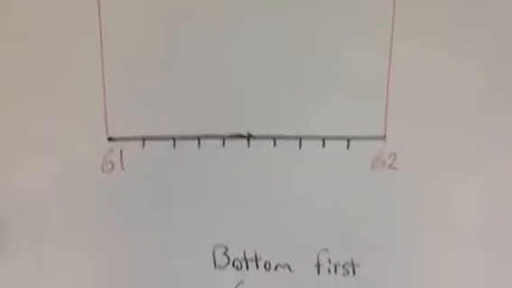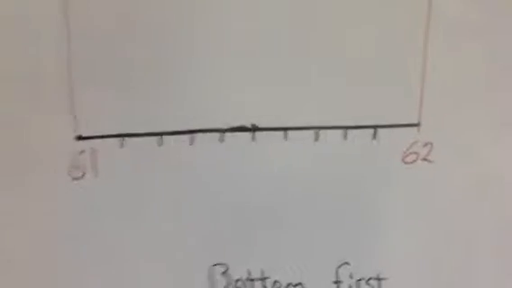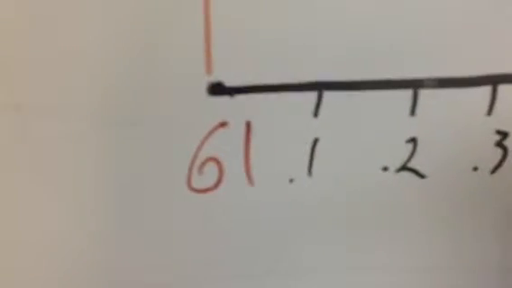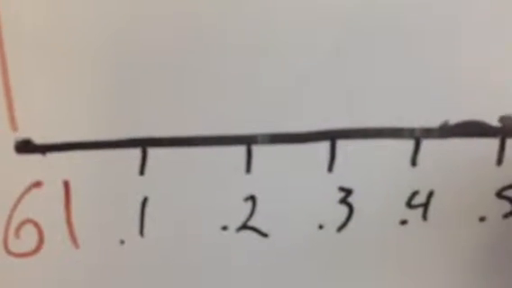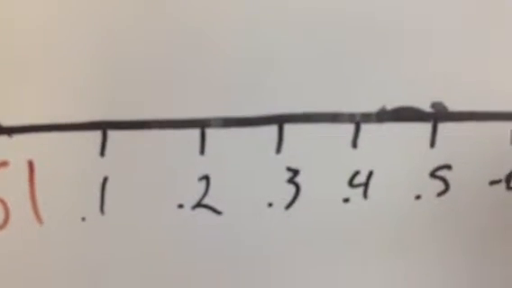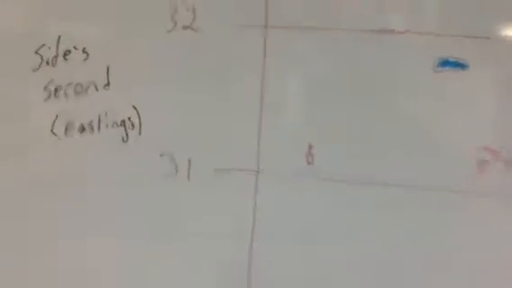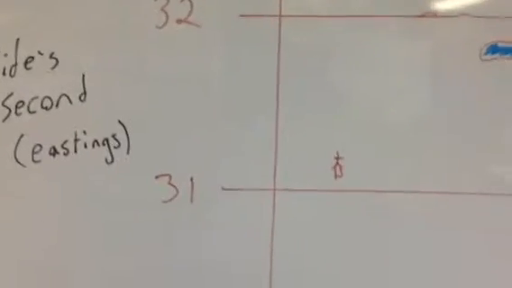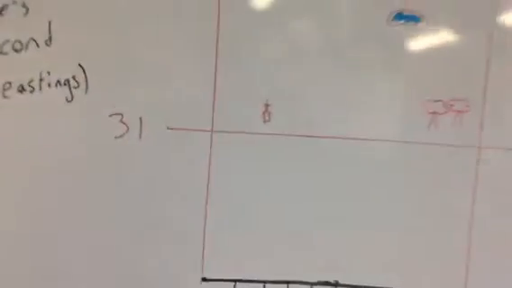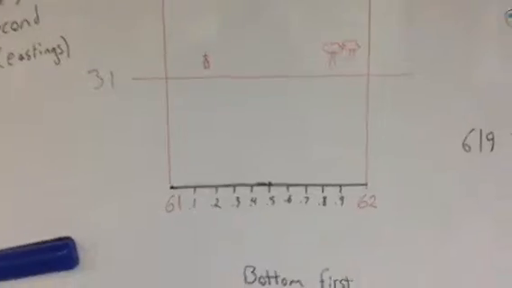The first black dot would be 61.1, then 61.2, 61.3, 61.4, 61.5, 61.6, 61.7, 61.8, 61.9, until you're back up to 62. You would do the same thing between 31 and 32, and that's how you get your third number.